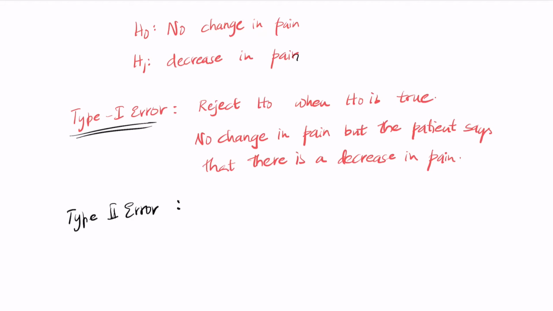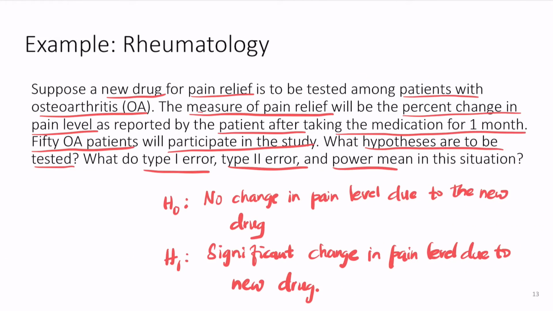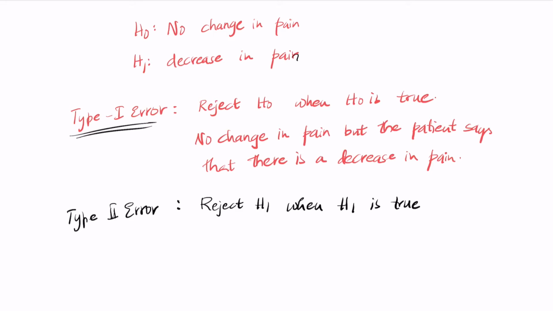So type 2 error is rejecting H1 when H1 is true. If you want to remember this, we accept the null hypothesis when H1 is true, or reject H1. So we can write it this way: we reject H1 when H1 is true.